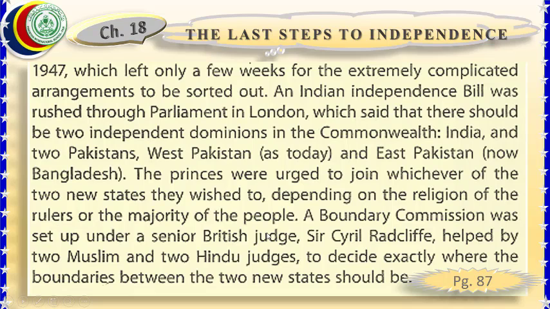If they wanted to join India or if they wanted to join Muslim Pakistan, it was up to the choice of the princely states. And the boundary commission was set up under the senior British judge. So they selected two judges from the Muslims and two from the Hindus for the boundary decision between the two new states.